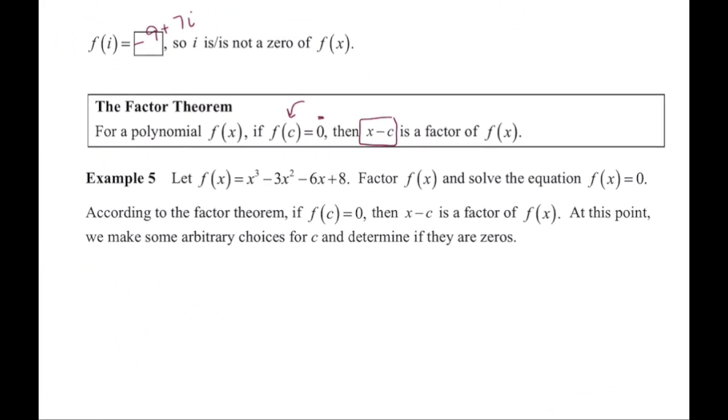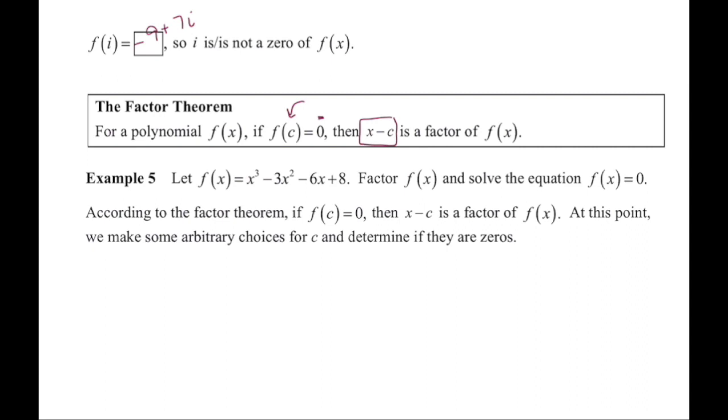So let f of x be x cubed minus 3x squared minus 6x plus 8 and solve the equation. According to the factor theorem, if we plug in a value and we end up with 0, then x minus c is a factor.